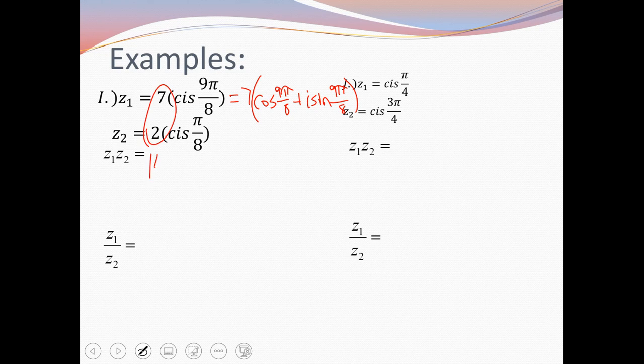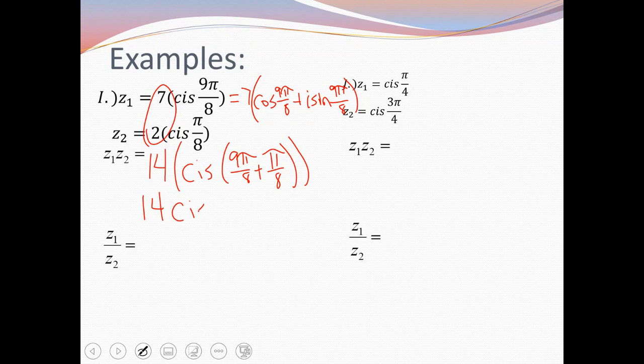So 7 times 2, 14. And then it says you can add the two angles, 9 pi over 8 plus pi over 8. That's 10 pi over 8. And 10 pi over 8 is 5 pi over 4.